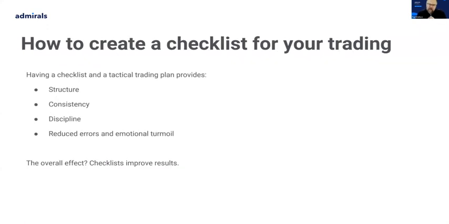So what we see in terms of creating checklists is that having a checklist and a tactical trading plan provides you with structure, consistency, and discipline. The effect is that you tend to have reduced errors and reduced emotional turmoil.